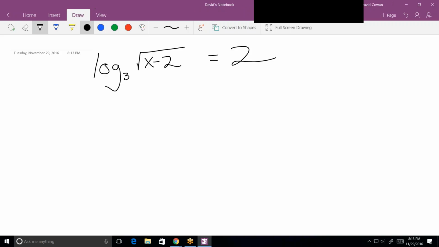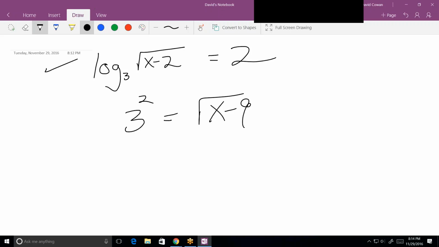Okay. So the way we want to solve this is how? In other words, when you have an exponential equation, you use logs to solve it. Right. When you have a log equation, how do you solve it? You make it exponential. Okay. What's the exponential expression of this? 3 squared equals the square root of x minus 2.